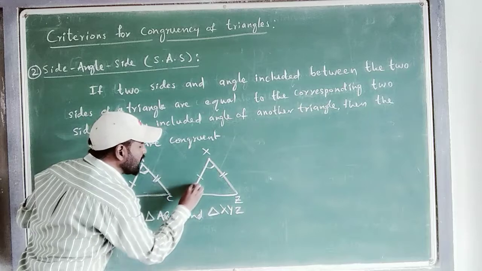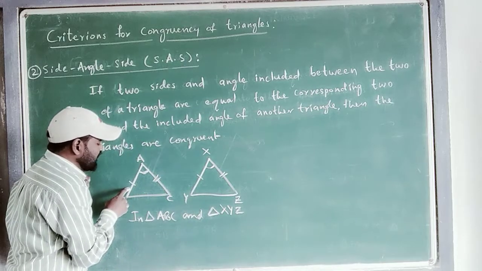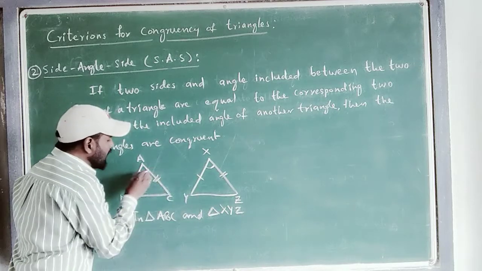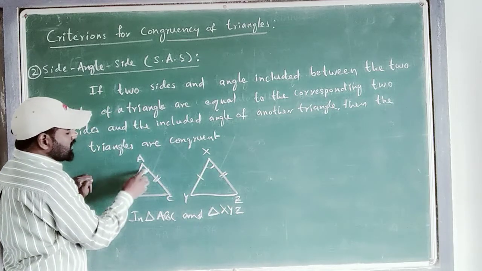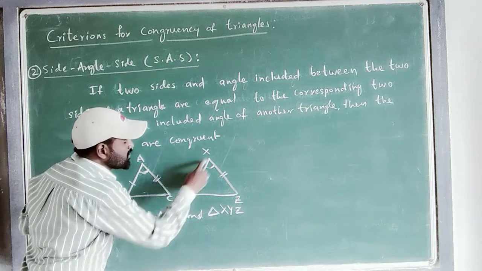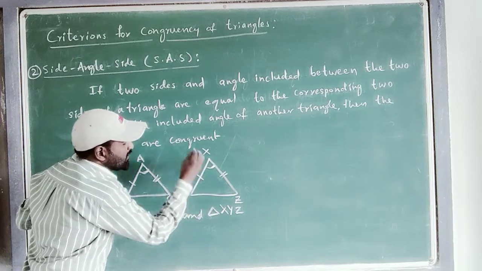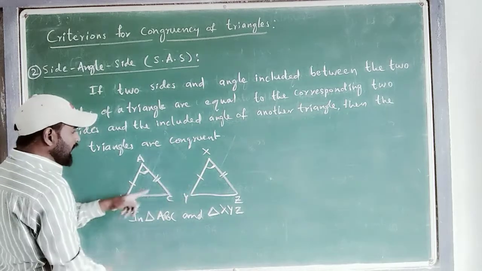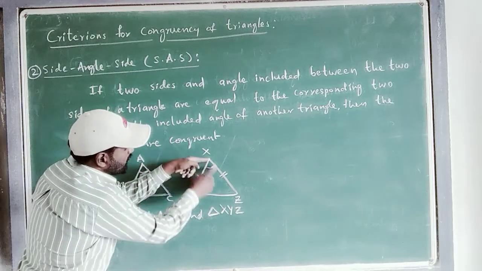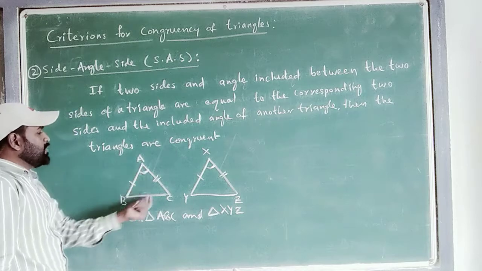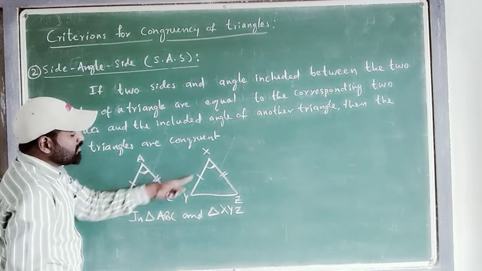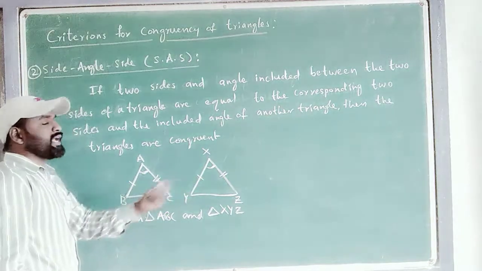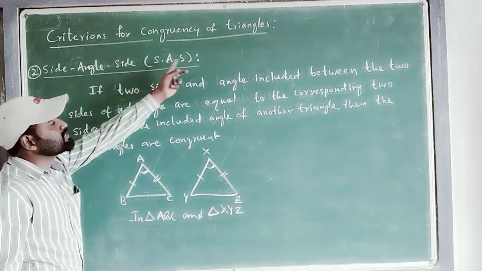Corresponding to the other triangle, the corresponding side of AB is XY, the corresponding side of AC is XZ. Now the angle included by AB and AC is angle A. The angle included by XY and XZ is angle X. That means if AB is equal to XY and AC is equal to XZ, and the angle included by AB, AC is angle A and the angle included by XY and XZ is angle X, if all are the same, then these two triangles are congruent under the rule of SAS.